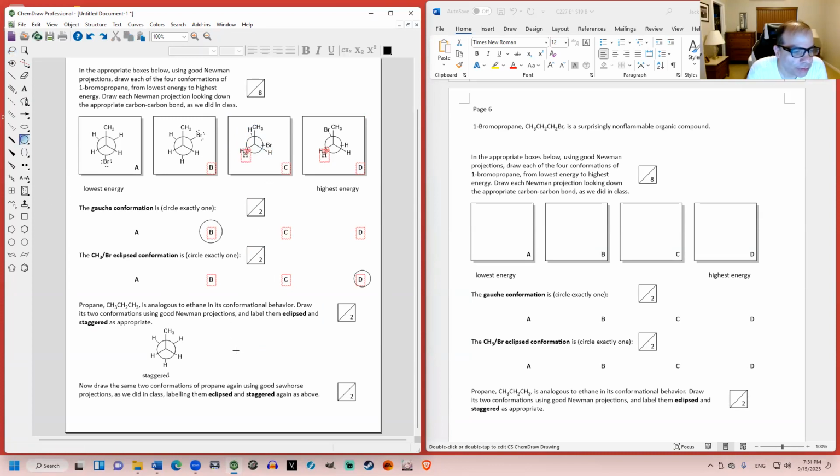Fine, I'll draw another Newman projection. There we go. There's your eclipsed conformation.